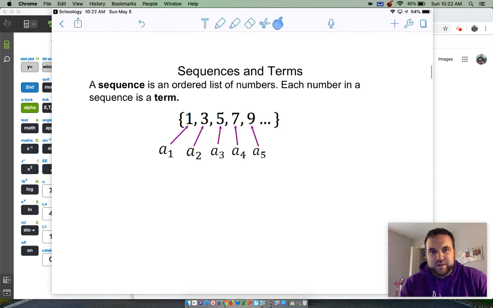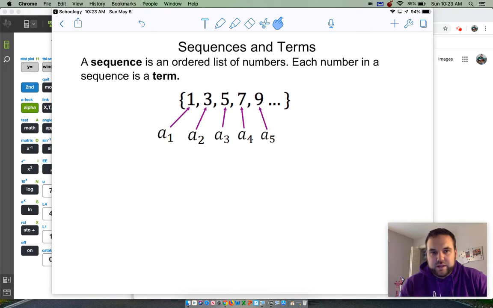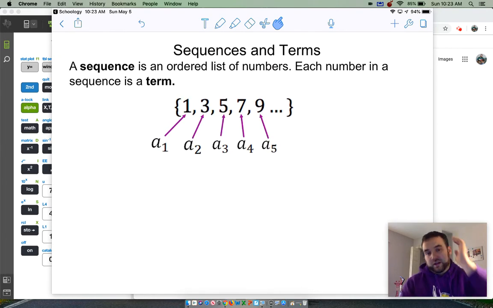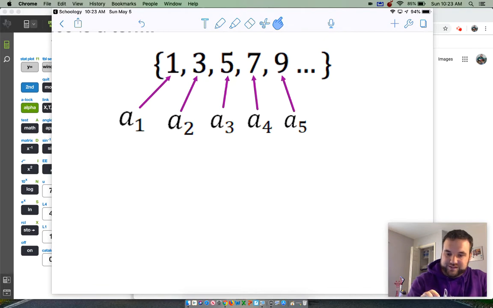Just to put some definitions to this, a sequence is a list of numbers, and it's in order. So the first number is just designated to go first, second number second, and so on. Each number in that list is what we call a term. So the first number in this list is 1, and that's the first term in the sequence.